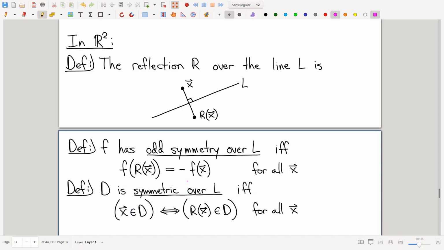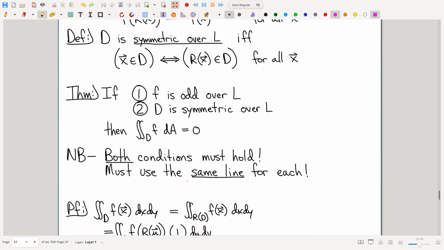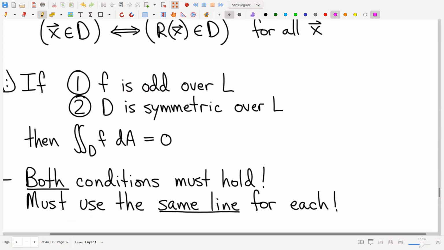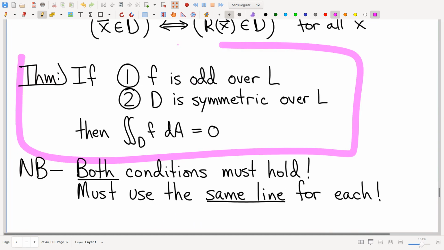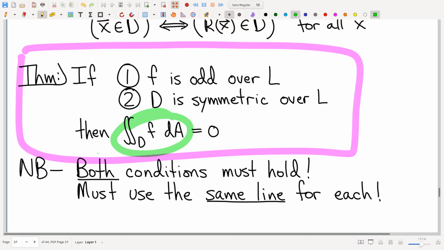And with these ideas developed, we have the same theorem. Here it is. If you are looking at an integral, now this is a double integral. Double integrals are even scarier than single variable integrals. After all, there's 2 of them, for one thing.